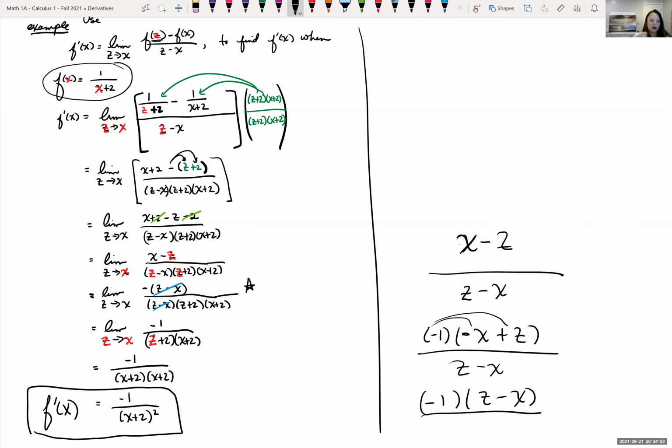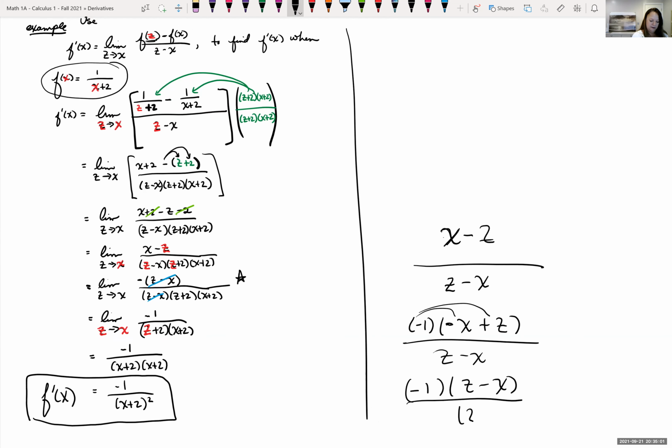Just switching the order, because we can, as long as we carry the sign, adding two things, it doesn't matter the order that we're adding them in. And so now you can see more easily that these are like factors and they cancel. Does that help? Yeah. Okay, awesome. Other questions on that?